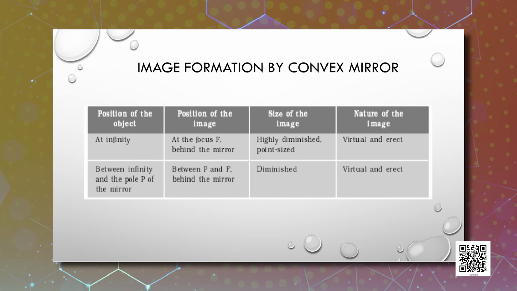Another ray which is directed towards the center of curvature of the convex mirror will simply retrace its path. These two reflected rays will apparently intersect at a point behind the convex mirror, forming a virtual, erect and diminished image. The position, nature and size of the image can be seen in the slide.